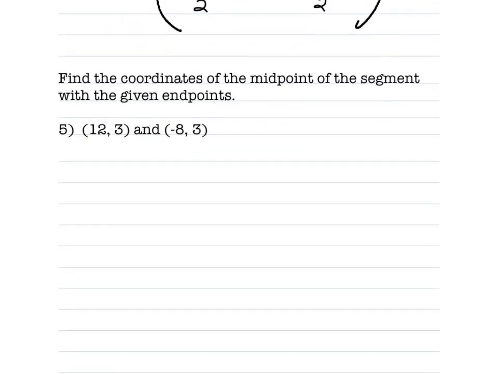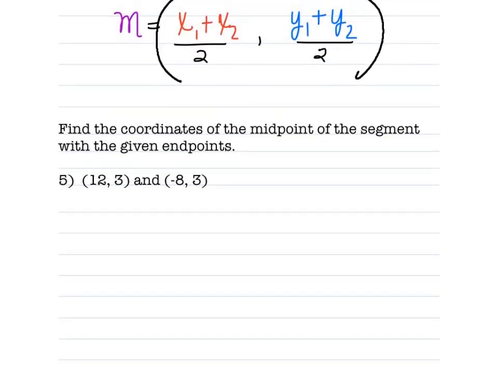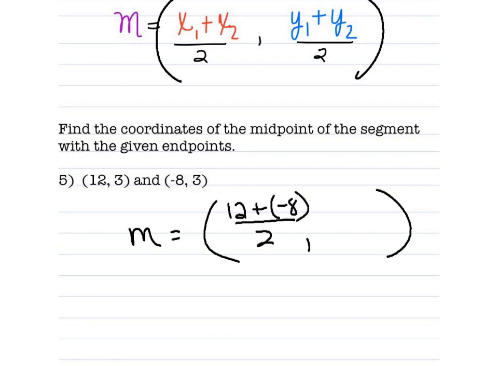Okay, I have one example that I'll work out with you to find the midpoint of this line segment. Okay, so here we go. The midpoint equals, and again, this is going to be an ordered pair. So we'll do x1 plus x2 over 2. So x1 is 12 plus x2, which is -8, over 2.